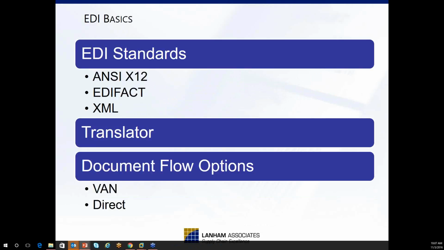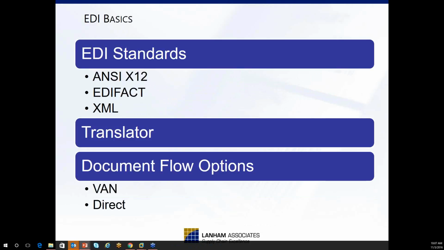Next is kind of the documents. There are multiple ways in which the data can flow between you and your trading partners. And I actually have a graphic here for that in just a second. The two standard methods are to send your documents through a value-added network, which we refer to as a VAN, or you can go directly to your trading partners.